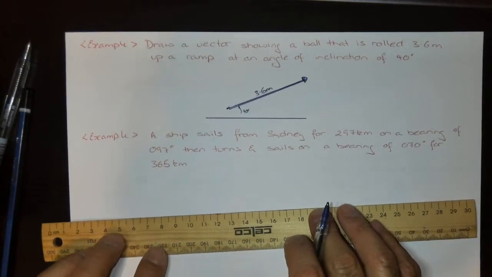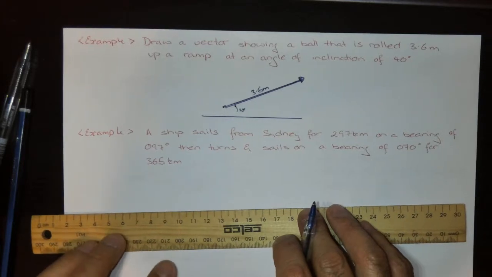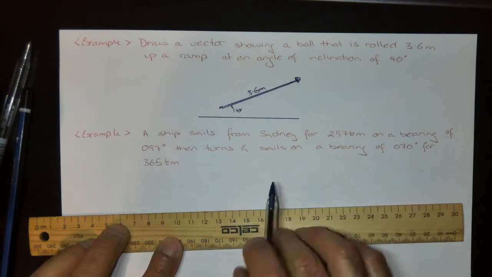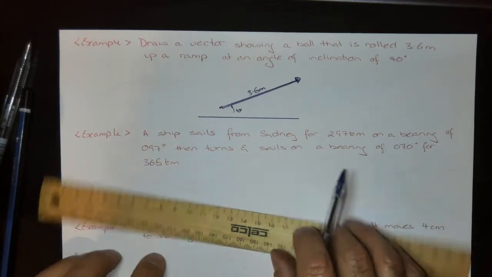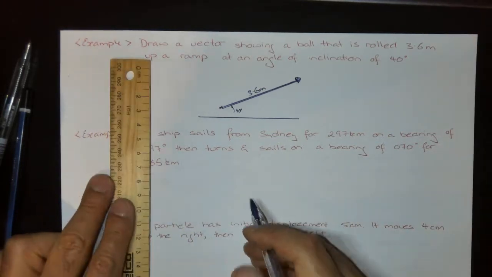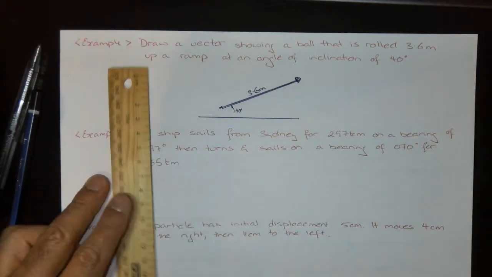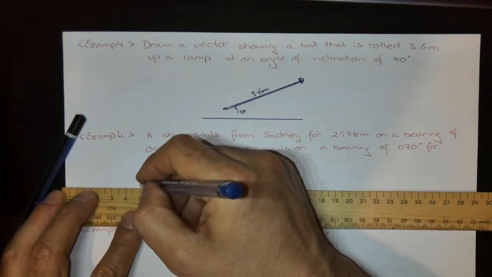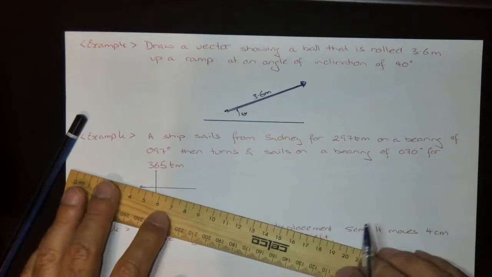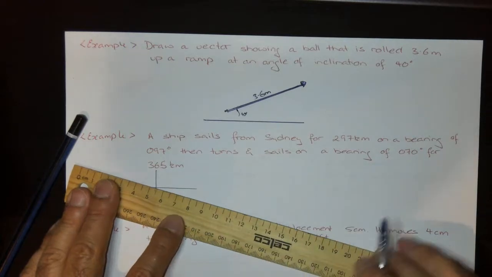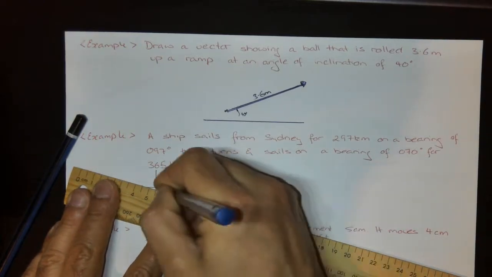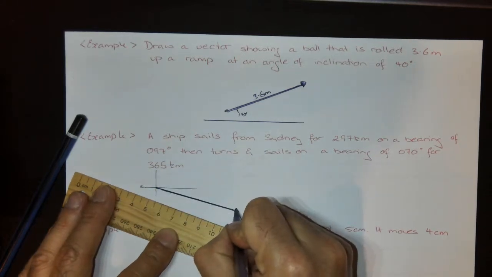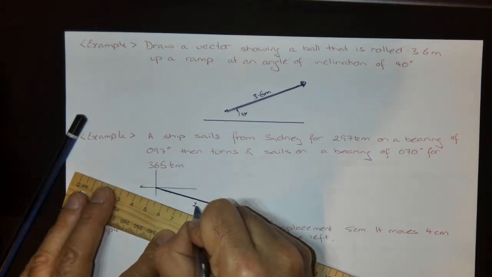Here I have a ship that travels from Sydney for 297 kilometers on a bearing of 97 degrees. So what I'll do is I'll use my compass bearings. All right, so I know that 97 degrees is here. There's my first bearing, 297.